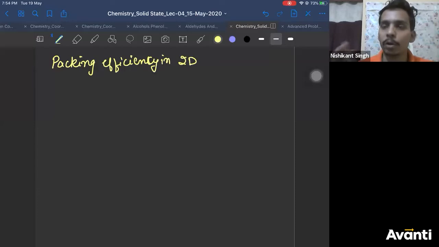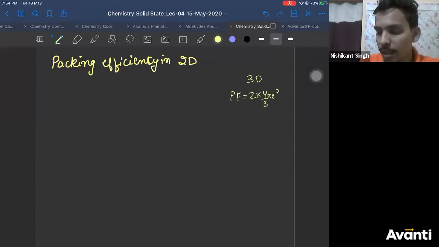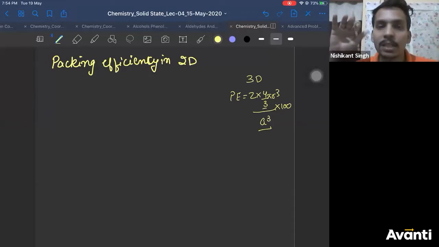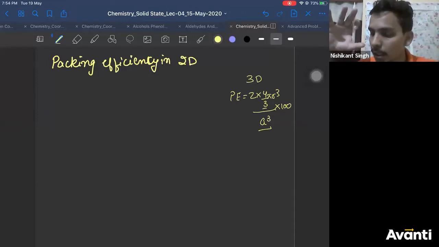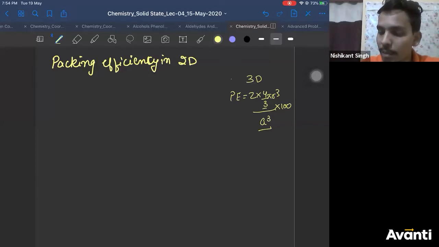When we take packing efficiency in 3-dimension, my formula is number of particles into volume of each particle, which is a sphere, divided by volume of unit cell, into 100. So for 3-dimension you take volume. For 2-dimension, you take area. And if a three-dimensional figure is a sphere, then the 2-dimensional representation of that will become a circle.